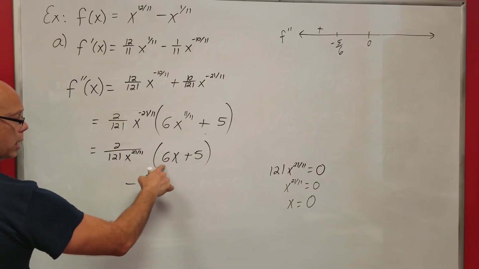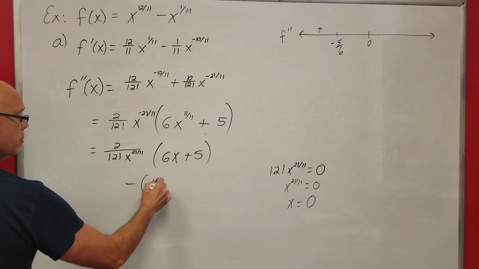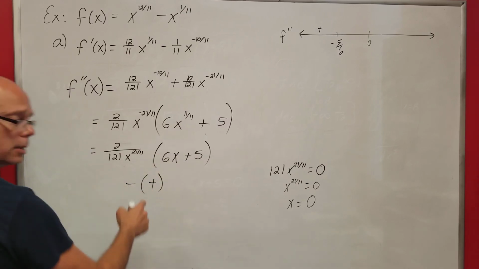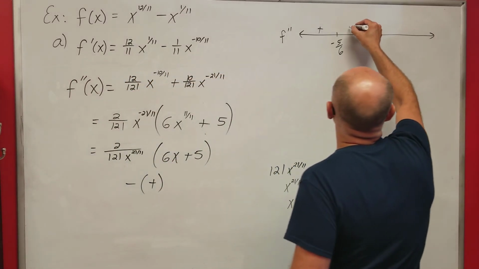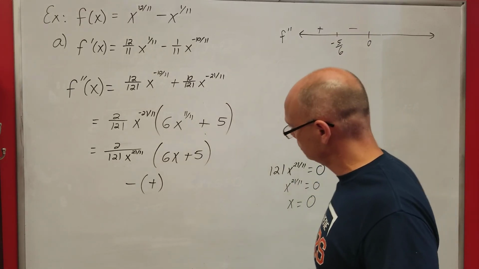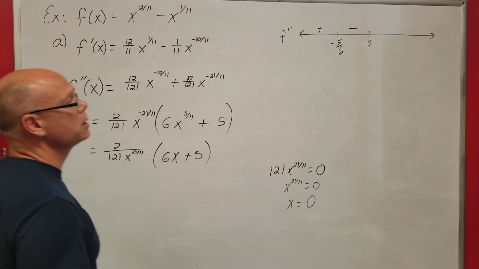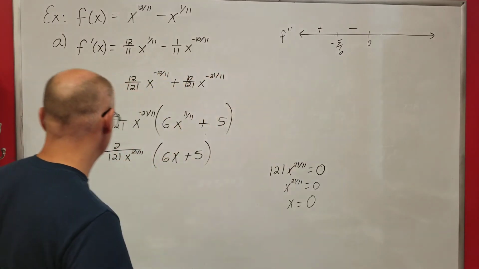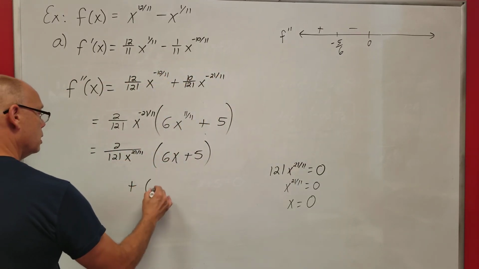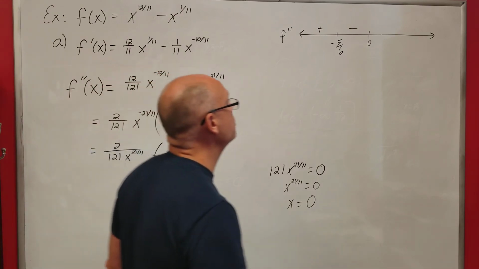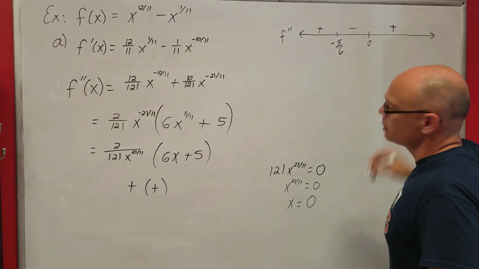Negative 1/2 here gives me negative 3 plus 5, which is a positive. Negative times a positive is a negative. What if I pick a number over here like 1? I plug it in, I get a positive. And a positive times a positive is a positive.